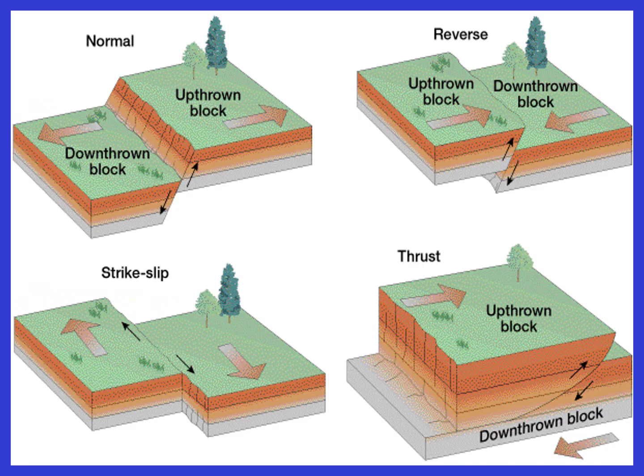Let's see some pictures showing the normal, reverse, strike-slip and thrust faults. You can see over here in all the pictures the direction of arrows. It is actually the direction of earth movement inside the interior of the earth.